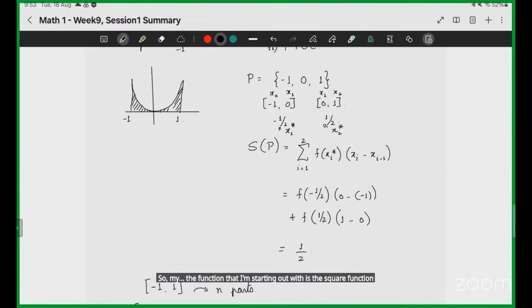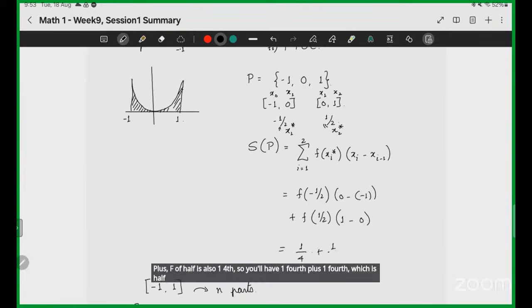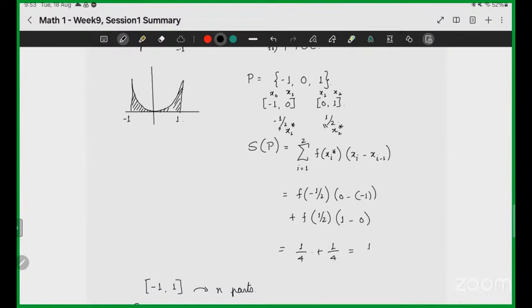So f of minus half is 1/4 multiplied by the length of the subinterval, which is 1. Plus f of half is also 1/4. So you'll have 1/4 plus 1/4, which is half. Yeah, I got it.